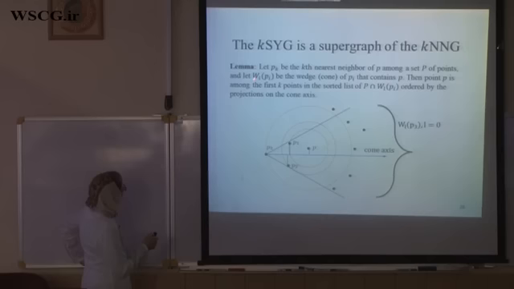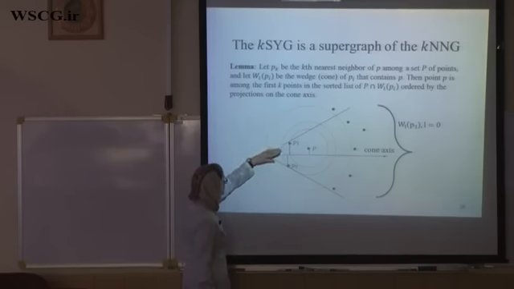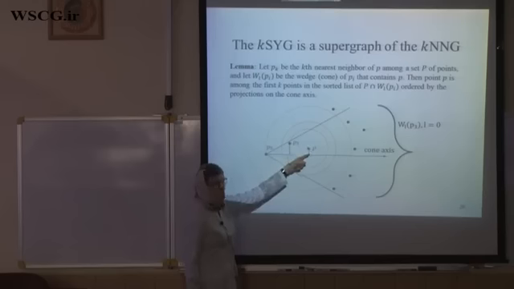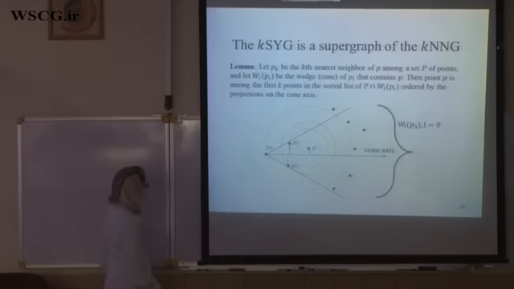And we're going to let W sub L of P be the wedge of that point that contains P. So in this case, P3 is the third closest neighbor of P. And so we're looking at the wedge of P3, and we're wanting to know which index to use. Well, very conveniently, what are we looking for? We're saying which wedge of this contains the point P. That's the star of the show. And in this case, it's the 0th wedge.